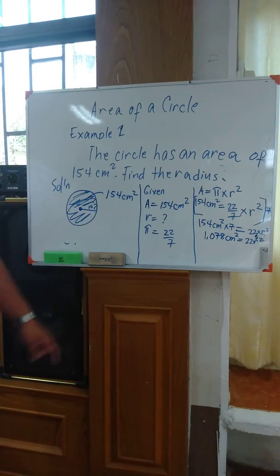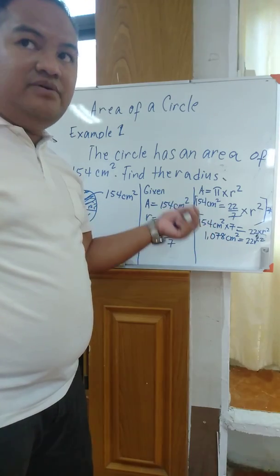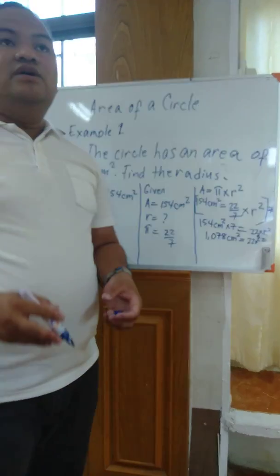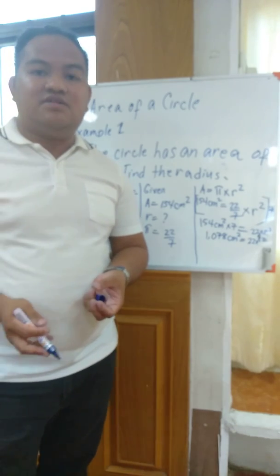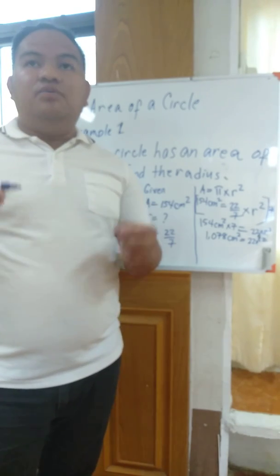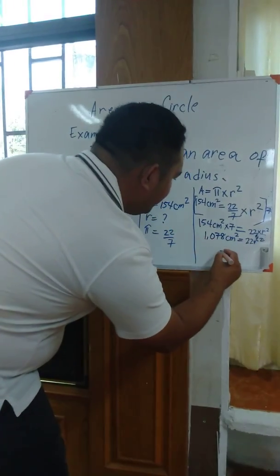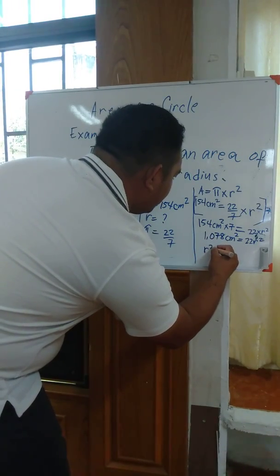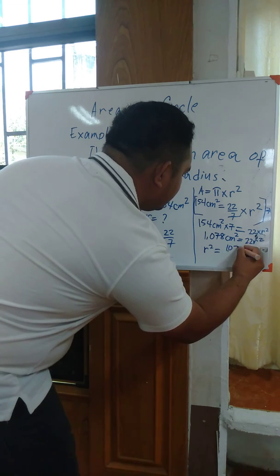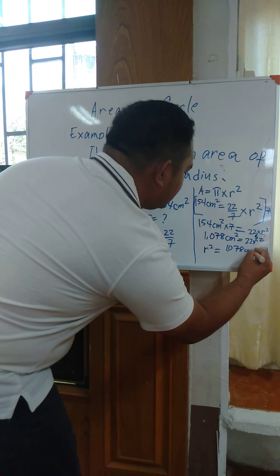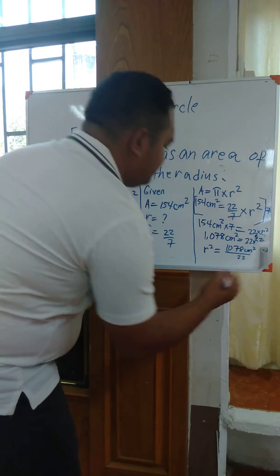And after this, since we are looking for the value of r, we can now divide both sides by the coefficient of r squared, which is 22. So r squared is equal to 1078 centimeters squared over 22.